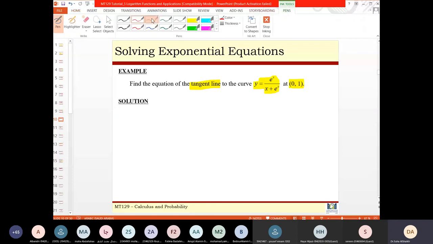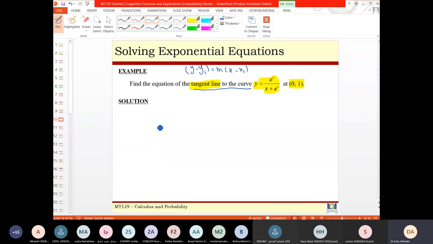في صوت? Yeah. So they want me to find the tangent line equation to this curve. So we go back to the tangent line equation. What's the equation of the tangent line? It's y minus y1 equal to the slope m في x minus x1. صح? Right? This is the equation of the tangent line.